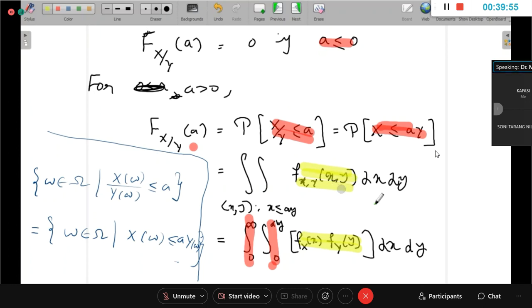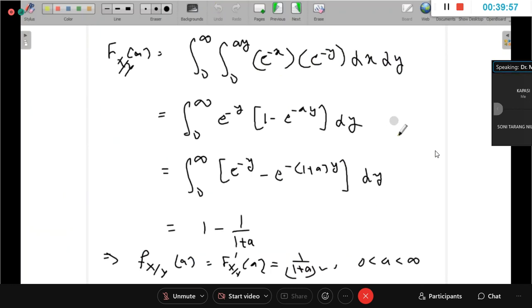Now if you go with the integration, you will get the following answer when you put the upper limit minus lower limit, everything. So for A greater than 0, you can differentiate this and find the derivative. You know, the derivative of 1 by x is minus 1 by x square.